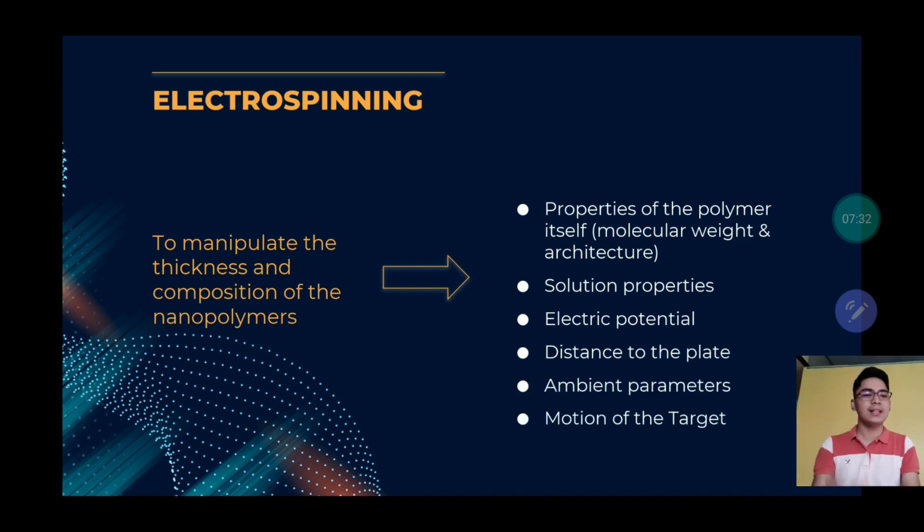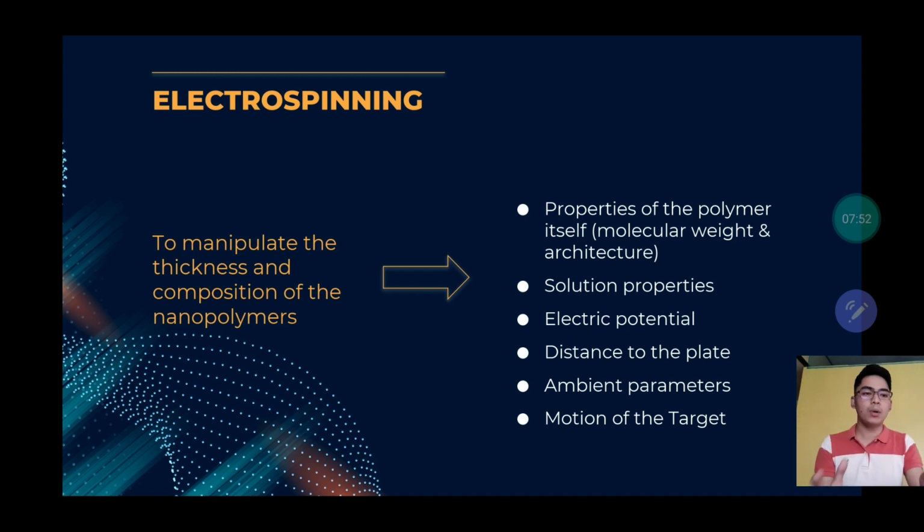The next question is, how do we manipulate the thickness and the composition of the nanopolymers? We manipulate the thickness and the composition depending on the purpose of the user. In order to do so, we need to first change the properties of the polymer itself, so we change the molecular weight and the architecture of the polymer in the solution.